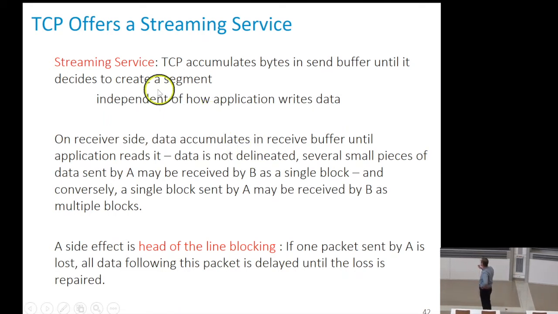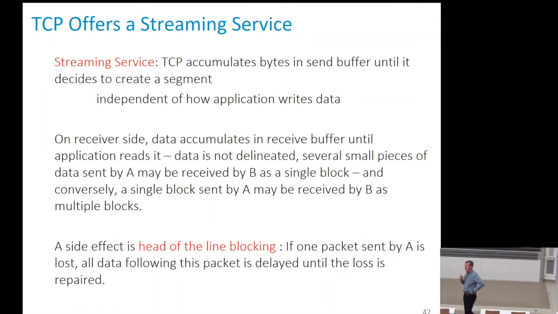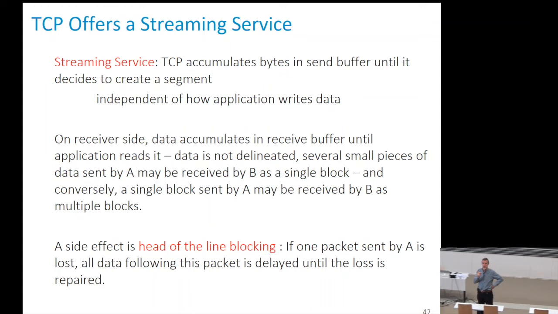As I said several times, TCP offers a streaming service. Concretely, it means on the sending side, whenever an application writes, TCP accumulates the bytes into the sending buffer. You could think, well, the normal thing is if the application writes 1 byte, then TCP should send 1 packet.